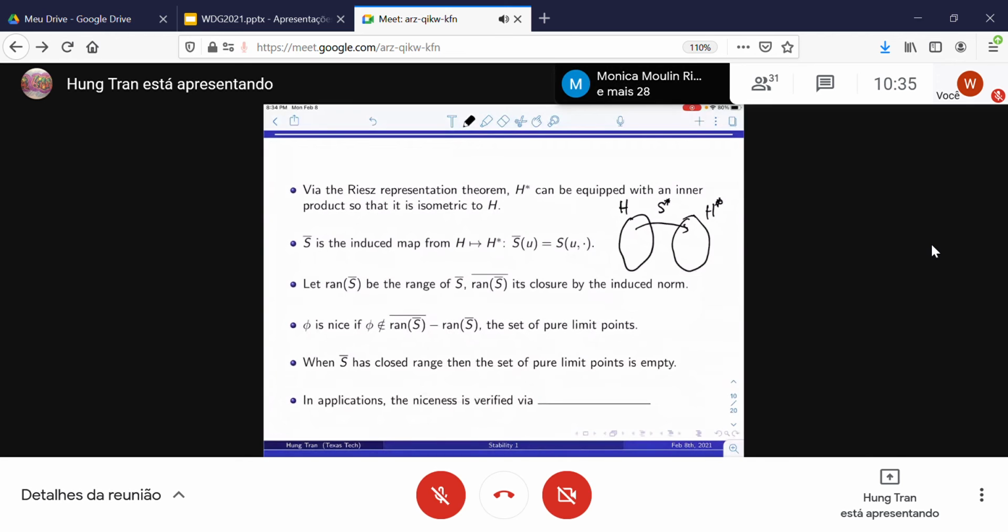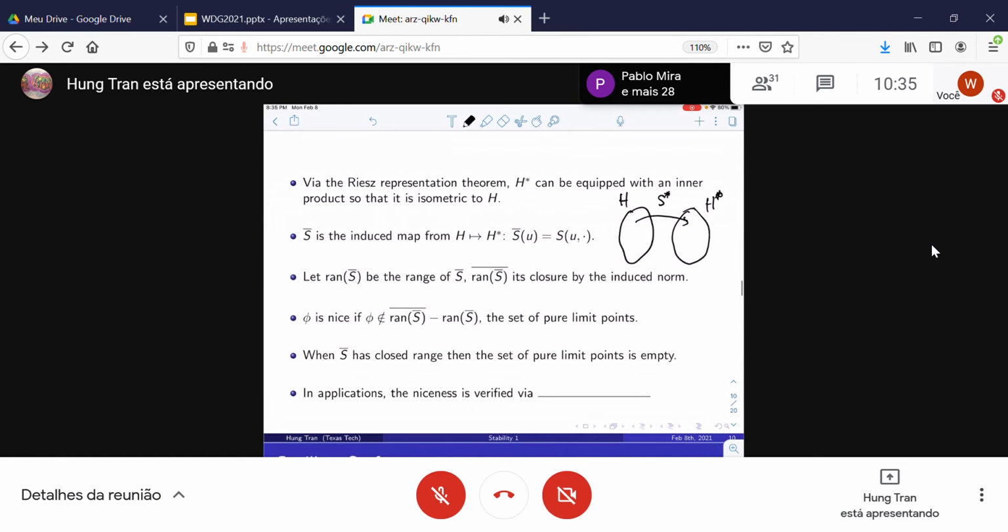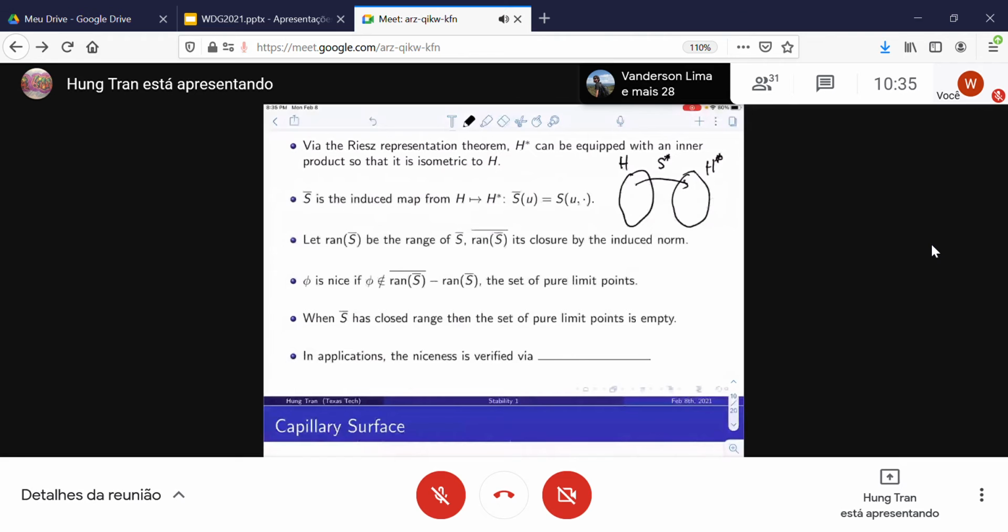And then you have the range of this map, and you have its closure, where the closure is taken with respect to the induced norm. Nice here basically means that phi is not one of the limit points of the range of this induced map. So for example, if S here has closed range, then the set of limit points is empty, and you don't really have to care about this situation.